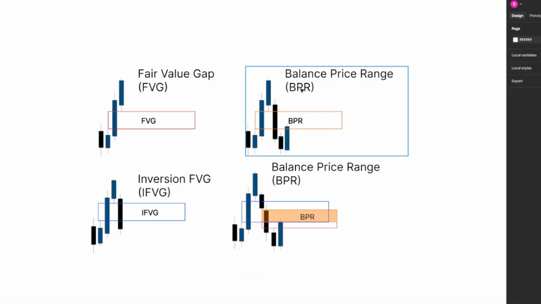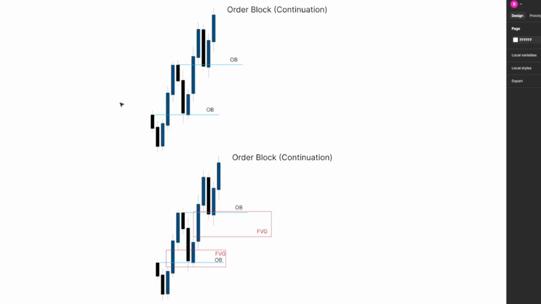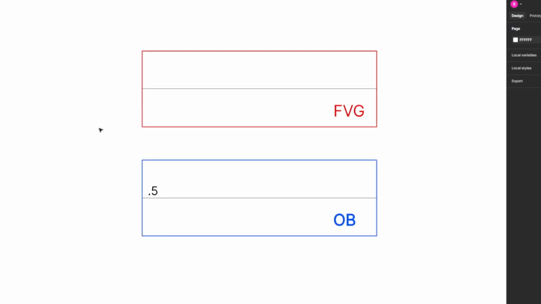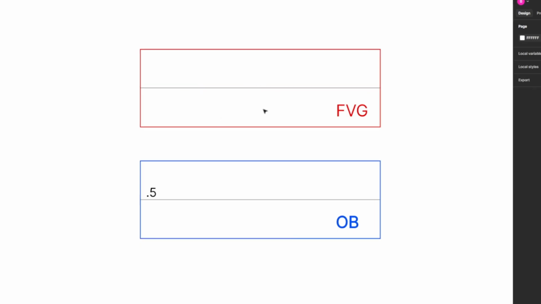So now we went over fair value gaps, we went over order blocks. Just a little thing that I'll mention here would be two things: consequent encroachment and mean threshold. For gaps, the consequent encroachment, like say for a fair value gap, the midpoint of it, the 0.5, would be the consequent encroachment.